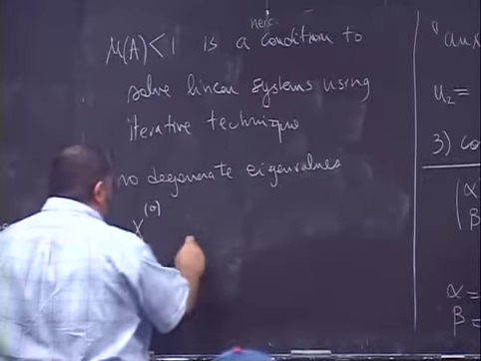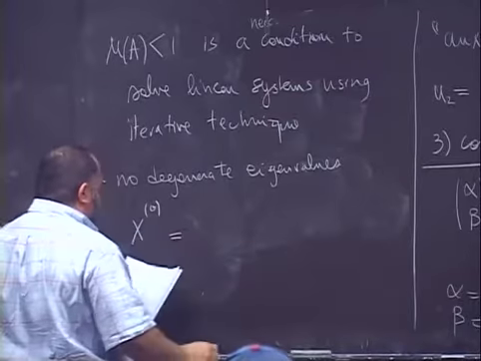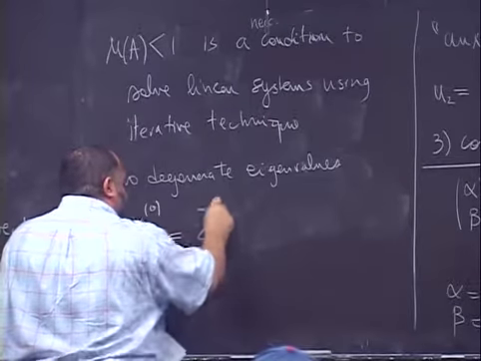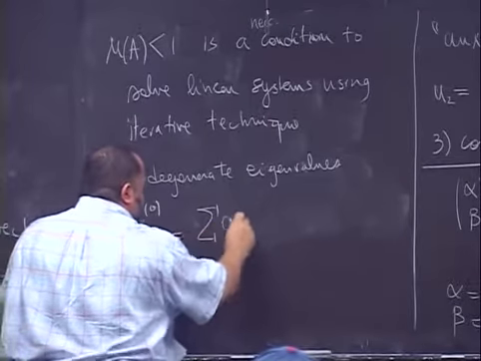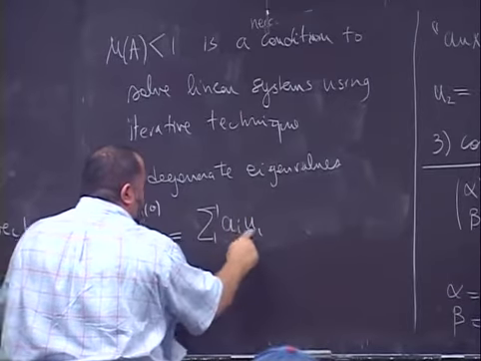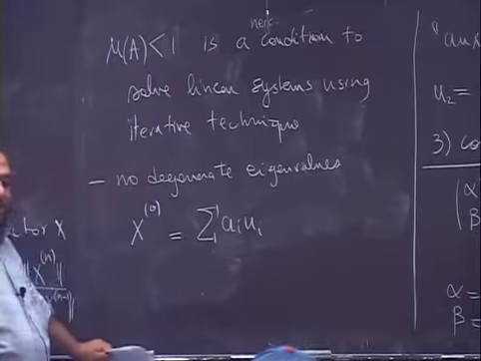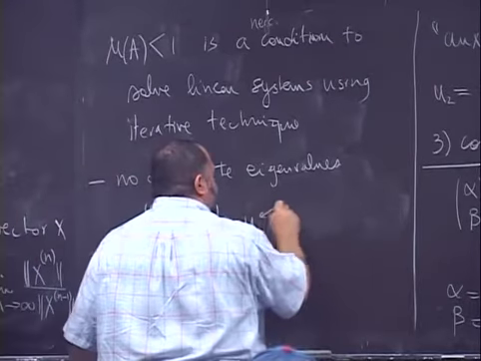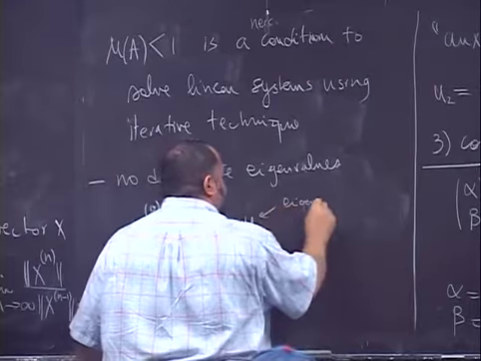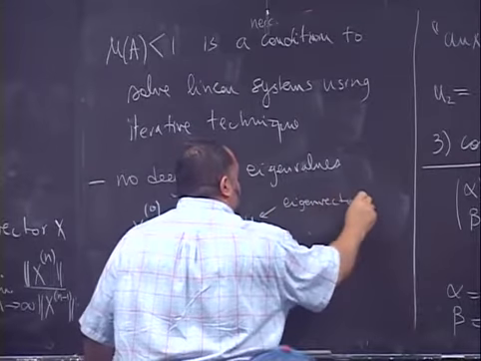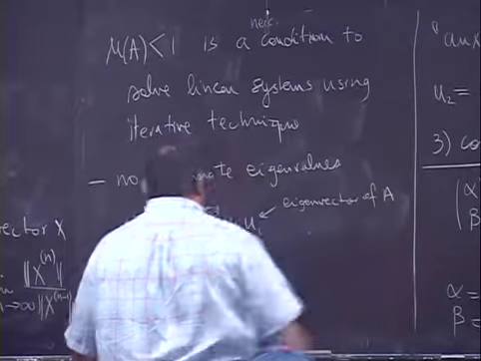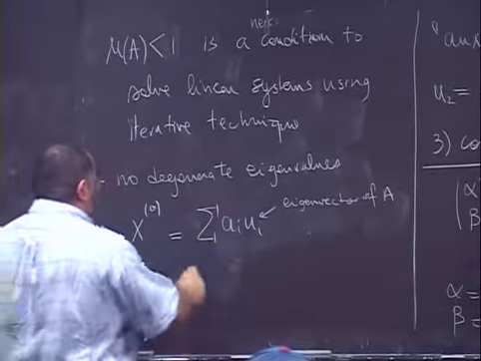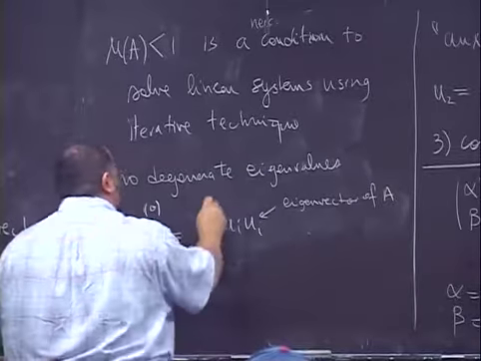We can write or expand it in terms of the eigenvectors of the matrix A, the sum of c i u i, where u i are the eigenvectors of A, and i goes from 1 to n.